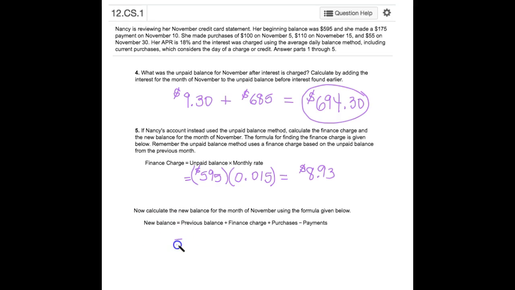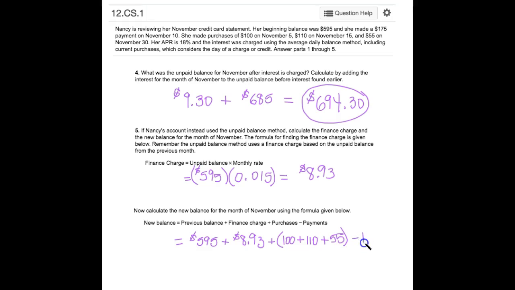You want to take the previous balance, so $595 again was the previous balance from the previous month. The finance charge is what we just calculated, $8.93. We had purchases of $100, $110, and $55.